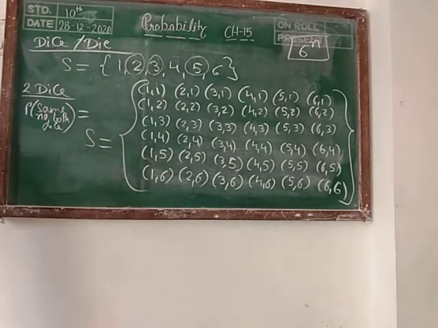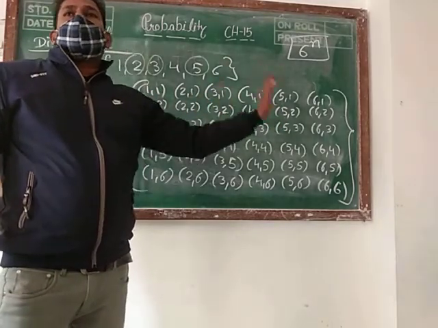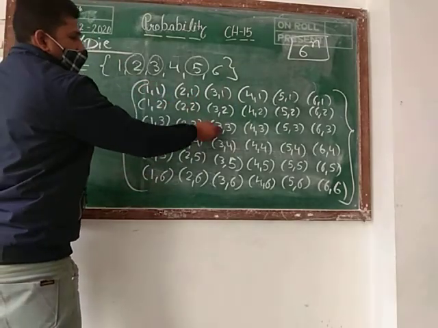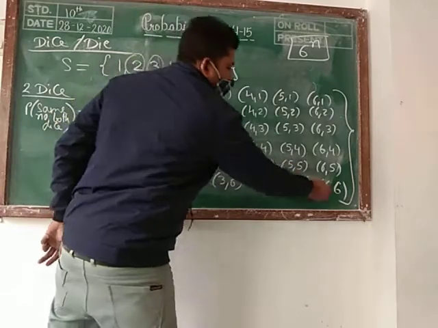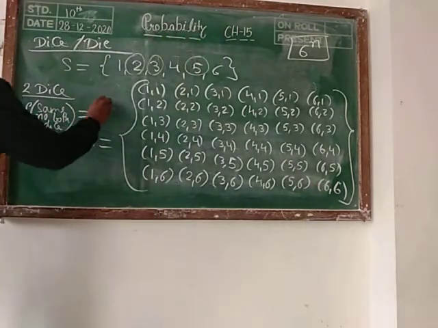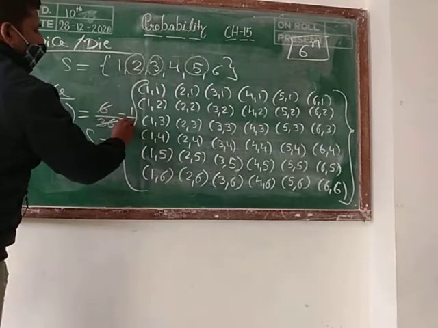Question is clear? You have to find out the favorable event having the same number on both the dice. And this you are getting 1 1, 2 2, 3 3, 4 4, 5 5, 6 6. How many favorable outcome we are getting? 6. Total we are getting 36. We are getting 1 by 6.